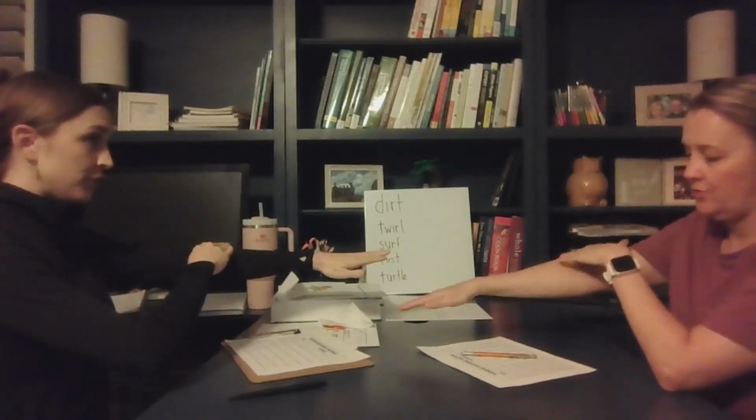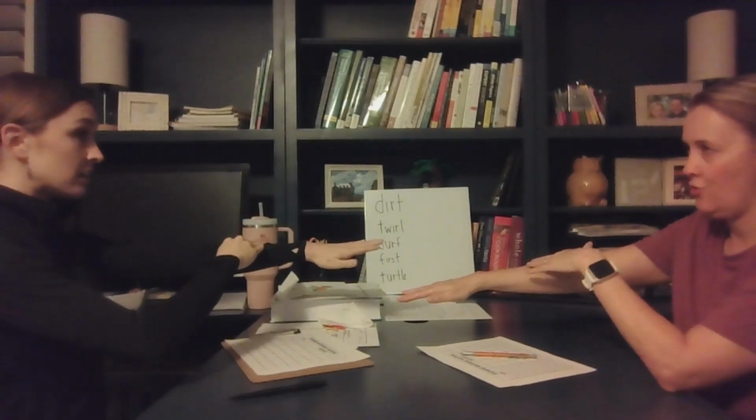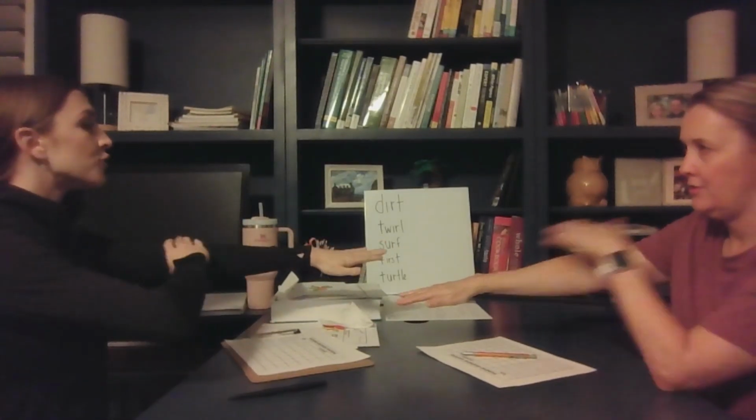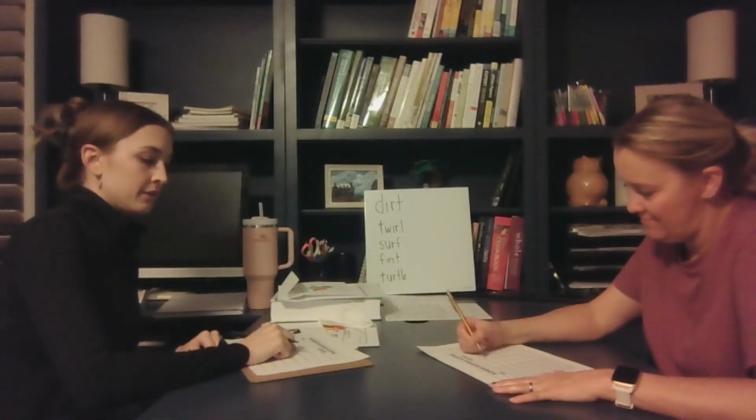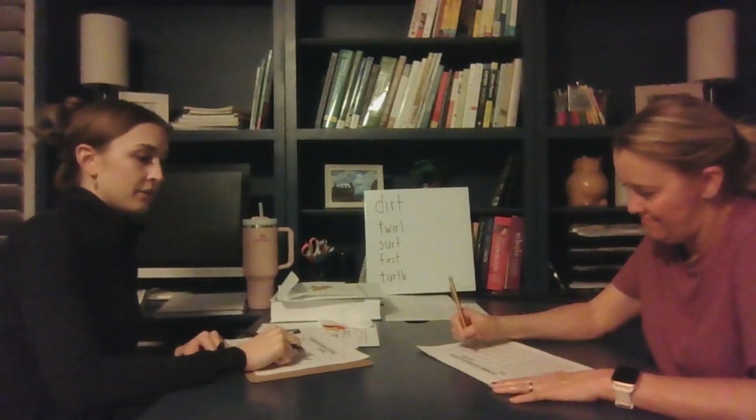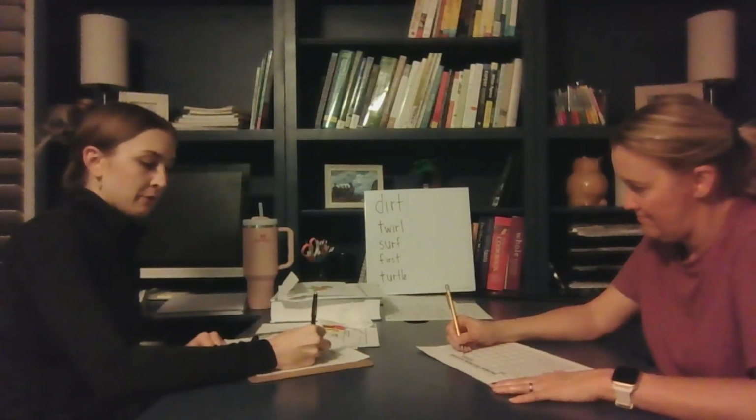We have twirl, twirl, twirl. How many sounds is that? 4. Perfect. If you want, you can mark on your paper the spot where the last sound was, so you can count 1, 2, 3, 4. And then you can like put a little star in the box to help you remember.